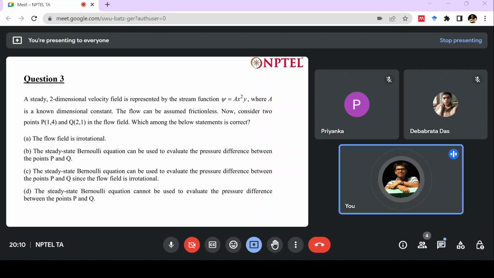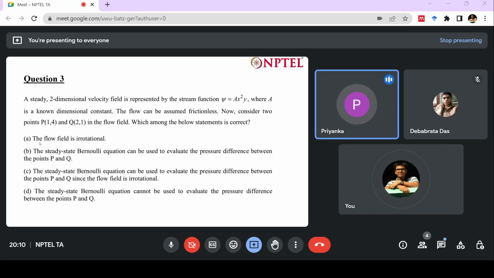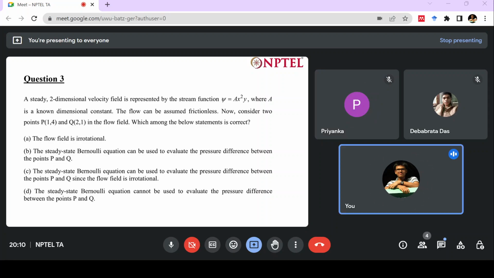So the first step will be to find the velocities, right? Can you find the velocities? Yes, sir. Okay, so what will the velocities be? Ax square and 2axy. We will use the definition of the stream function here.